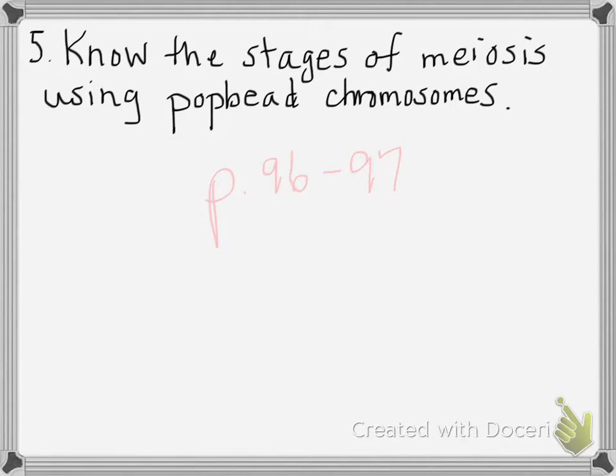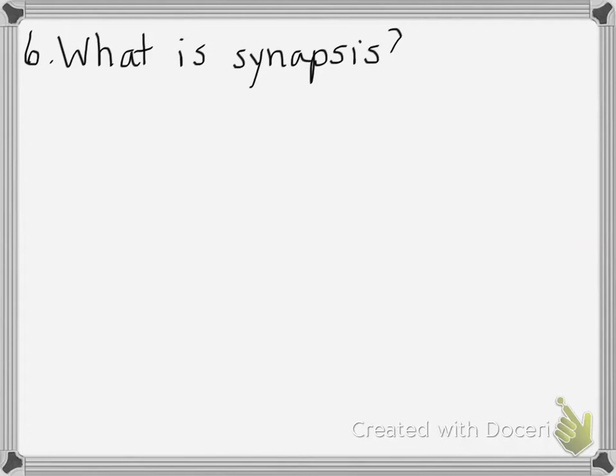Number 5, know the stages of meiosis. Okay, I do care about this. Synapsis. Okay, so in case you don't remember this, would you please go back to page 98 and look at prophase 1. Synapsis. What is synapsis?